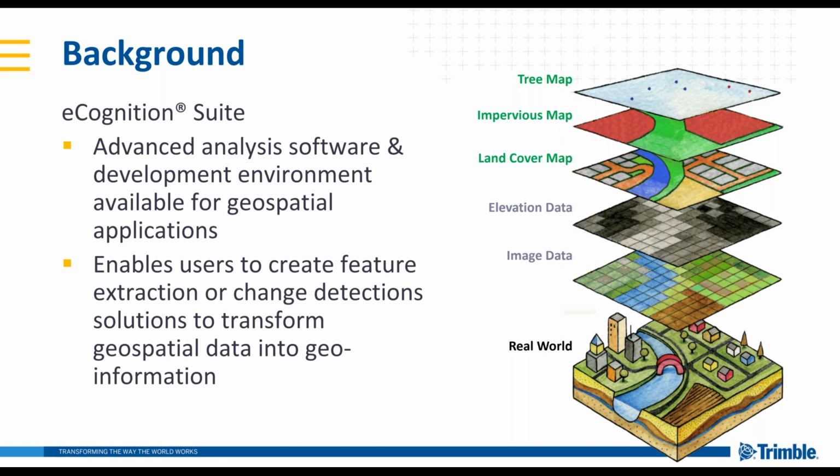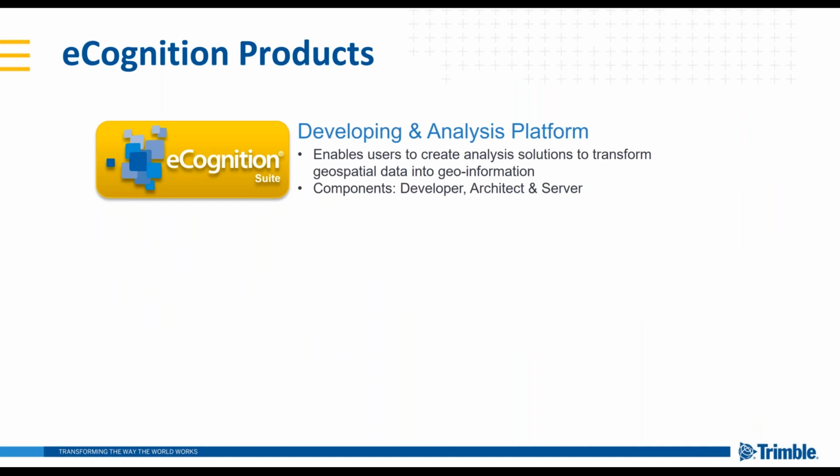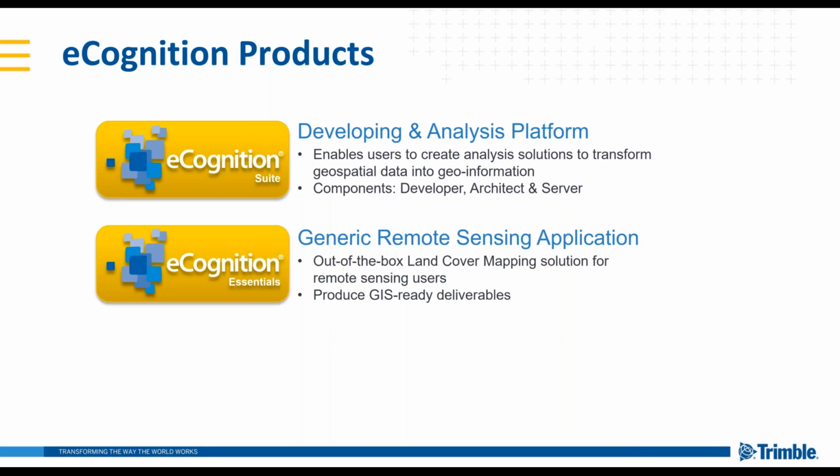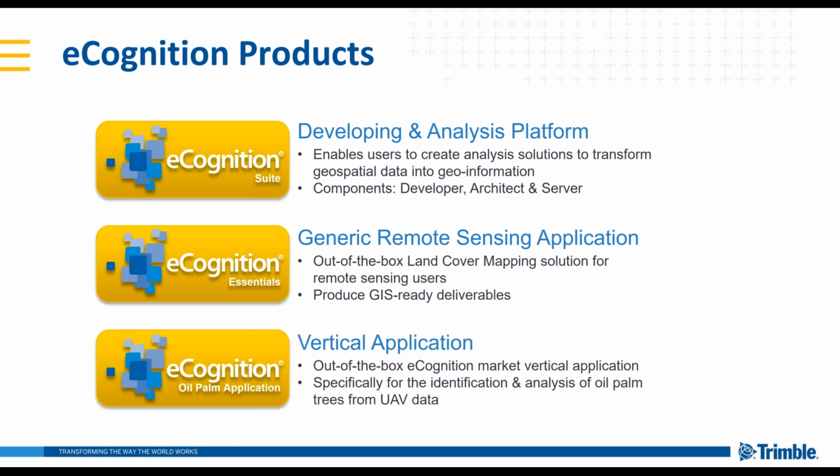So, as I said, this is an advanced analysis platform, a very horizontal solution that's available for a number of different applications. And where we've taken this is now in our various products. Here I have the eCognition suite. This is, like I said, a development and analysis platform. We also have eCognition Essentials, which we will talk about here today.